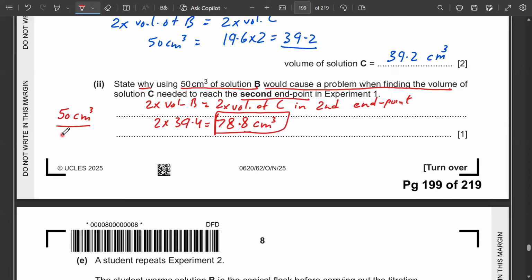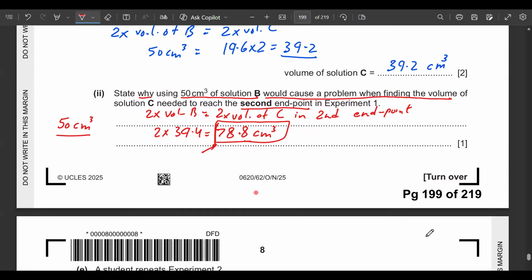However, we are supposed to use Burettes of this limit, but this value is more than 50 cm cube. So this is the problem: the Burette capacity is lower than this value.